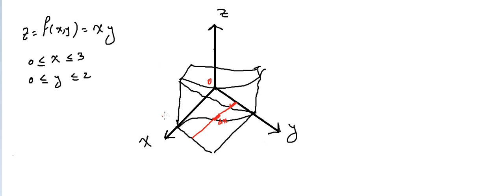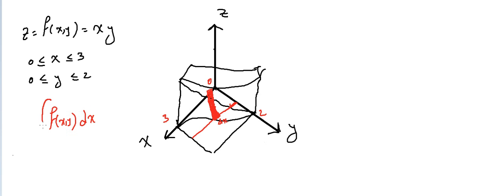This is 0, and this is 3, and this is 2 as given. And we need the area of this rectangle below that sheet of paper. The area of this rectangle is going to be simply the height, which is f of x y, multiplied with dx, and it's the sum of all these rectangles.